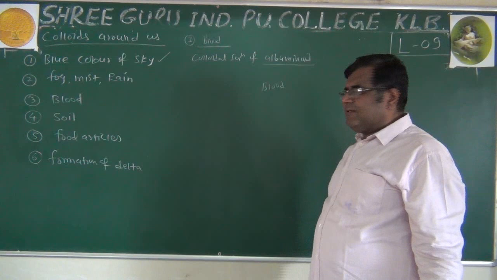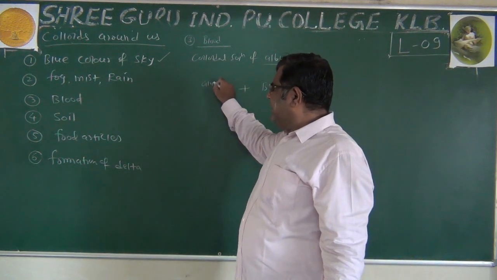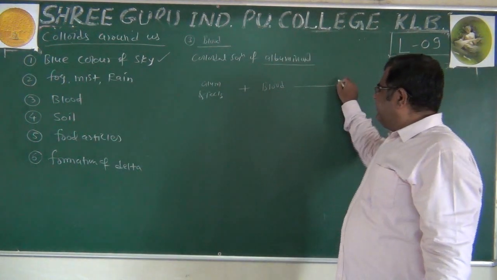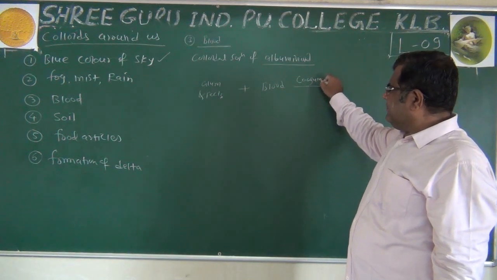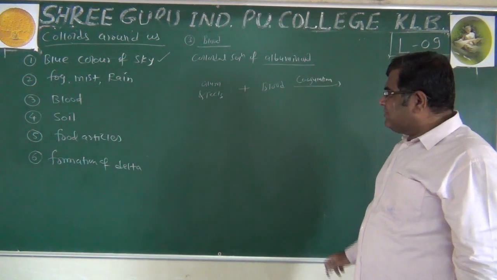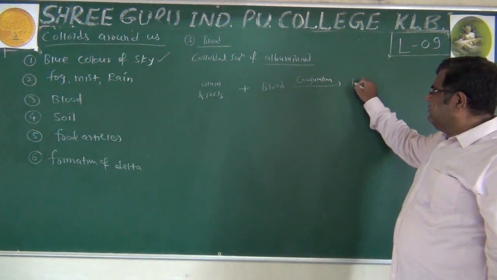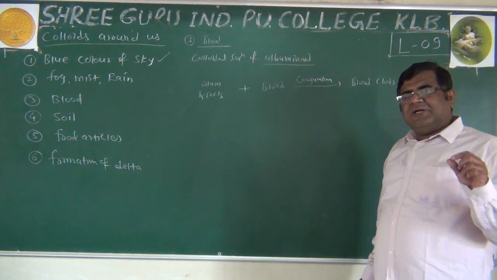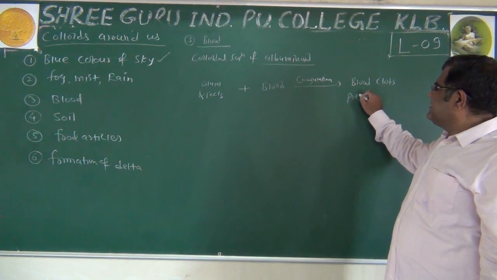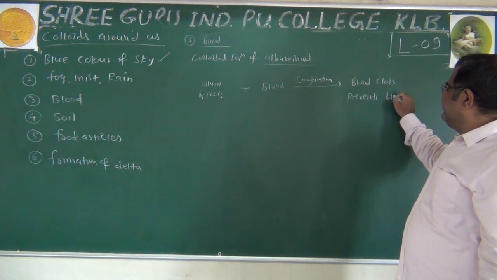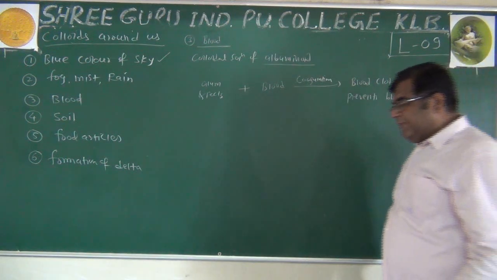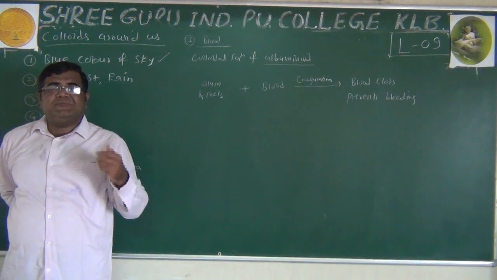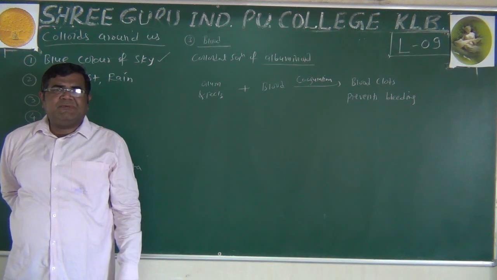So when blood flows, we can apply alum and ferric chloride on it. Coagulation happens. The charge on the blood particles is removed and the blood clots. It just becomes solidified and prevents bleeding. Prevention of bleeding is important, because if blood flows out to a greater extent, it is very dangerous for the person.